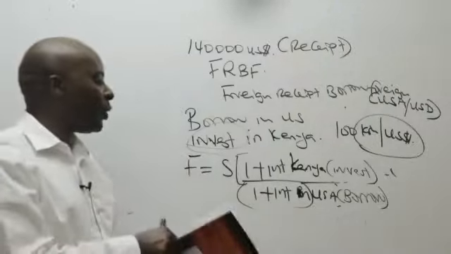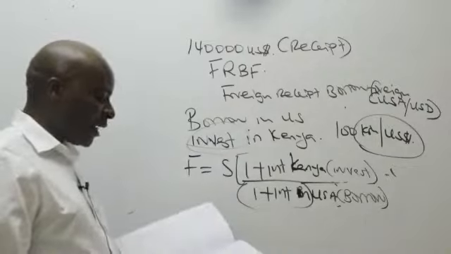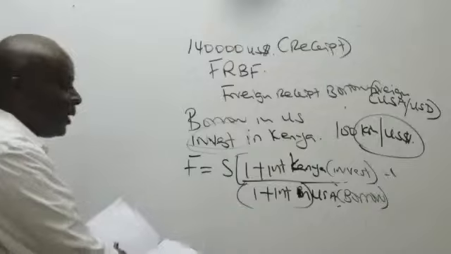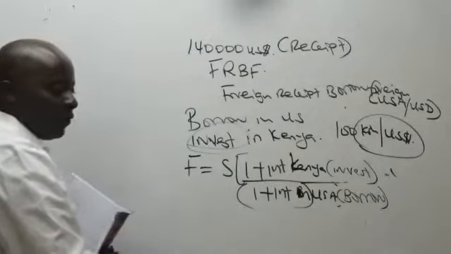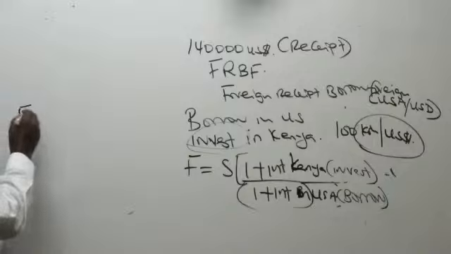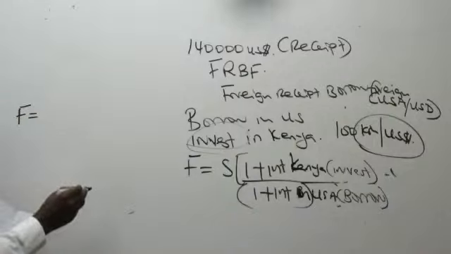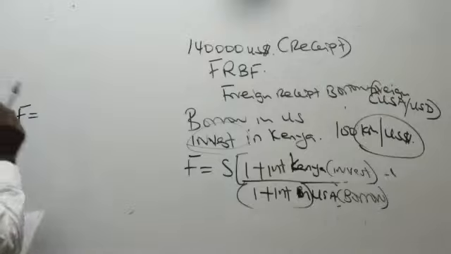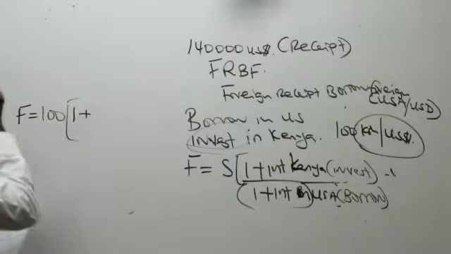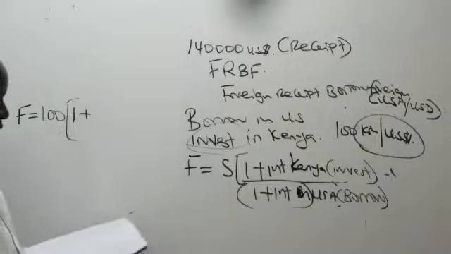Great. Now ladies and gentlemen, please go ahead and tell me, I'll come here very fast. Say F equals the spot, 100, times 1 plus, what is the investing rate in Kenya?